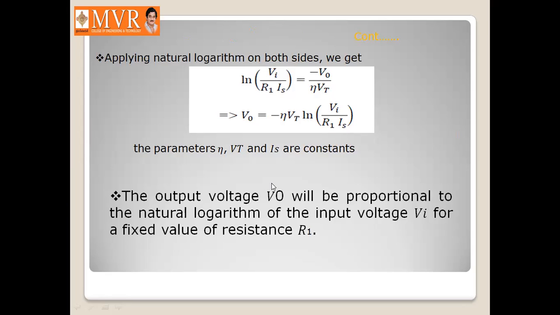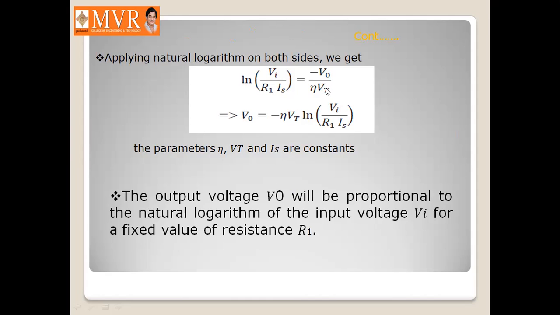When we solve this equation by observing the circuit, we can observe that the output voltage is proportional to the logarithmic value of the input voltage. See here, in this equation, eta, Vt, R1 and Is are constants, and Vi is the only variable.